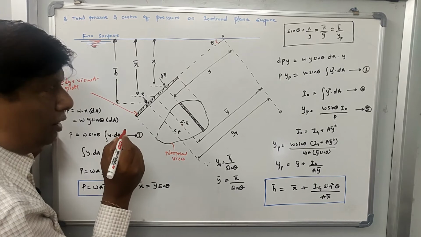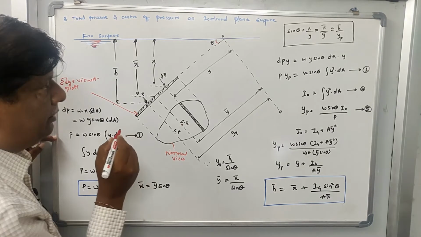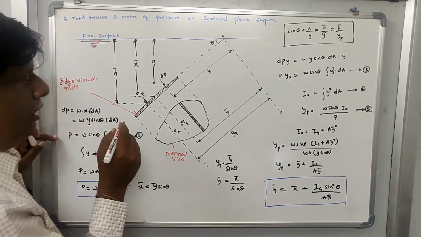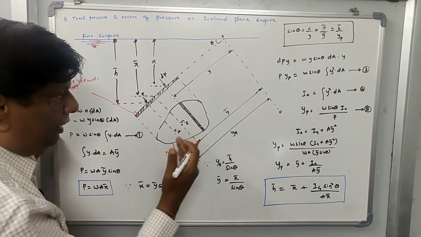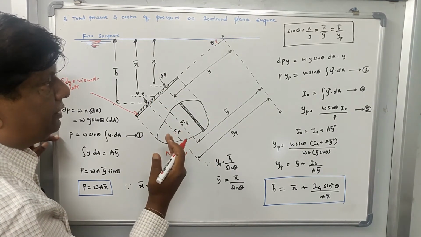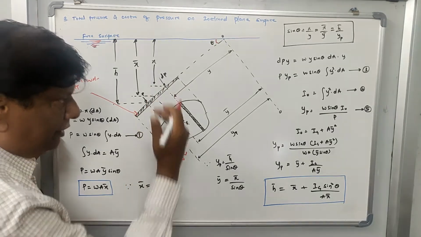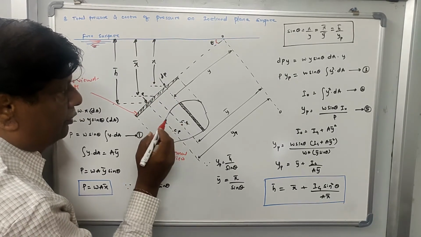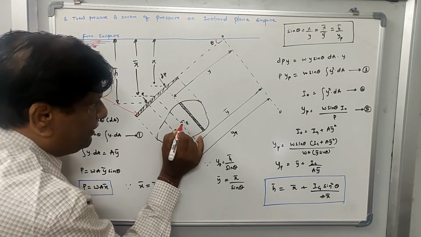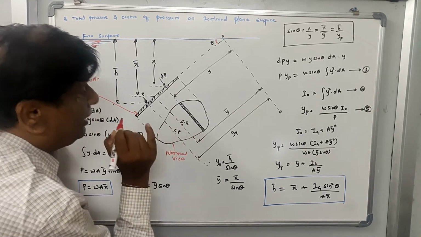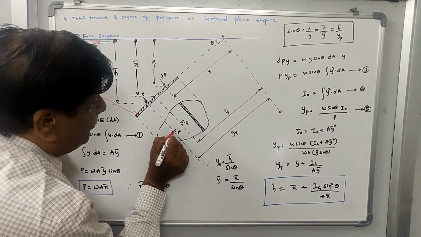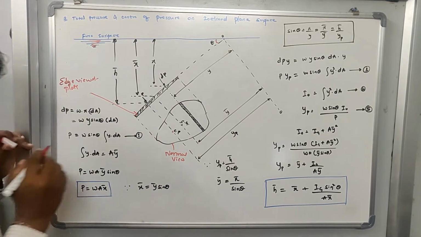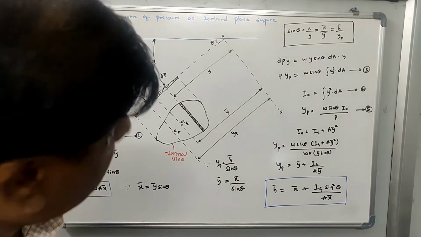We know that the total pressure on the plate submerged in the inclined or vertical direction is not going to act at the CG point, but it acts just below the CG point. That point is the CP point, that is the center of pressure.